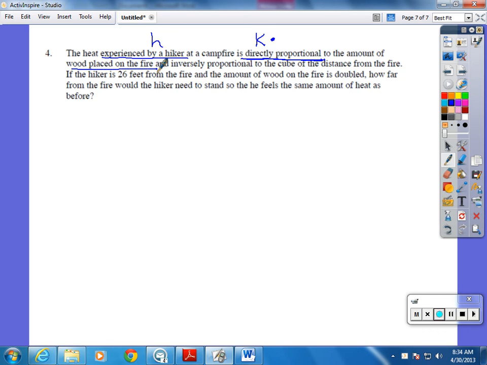Okay, W. And inversely means divided by the cube of the distance from the fire, which would be d cubed. So if I write all of that as one statement, I would have H equals K times W divided by d cubed.